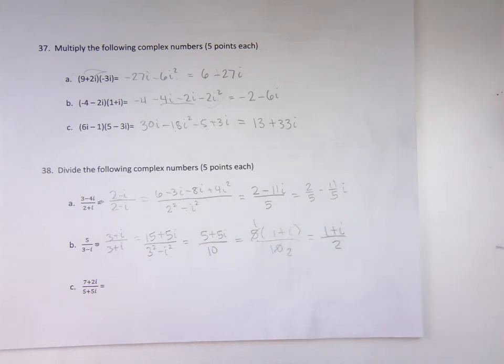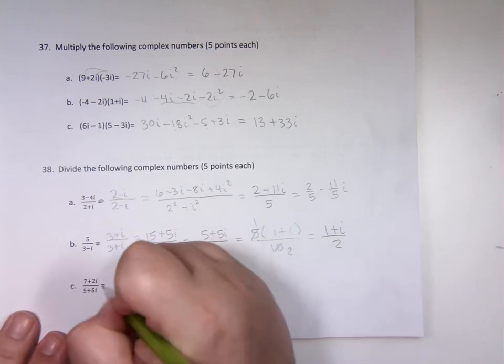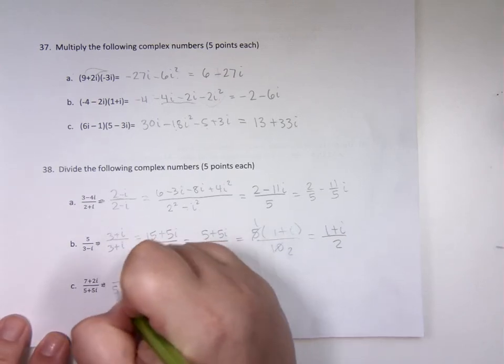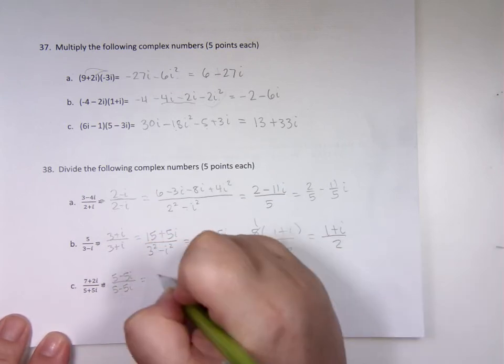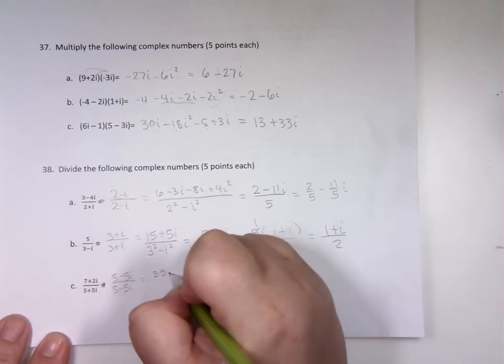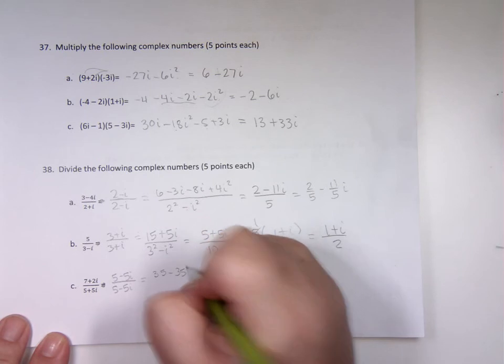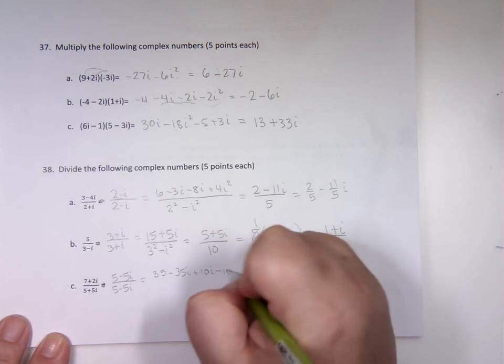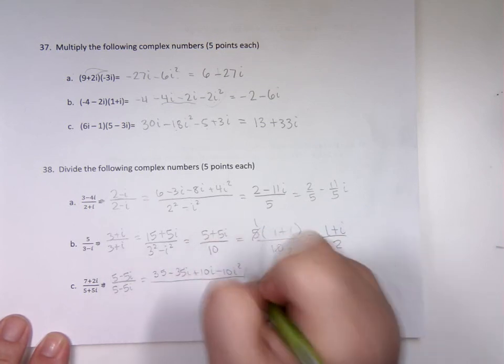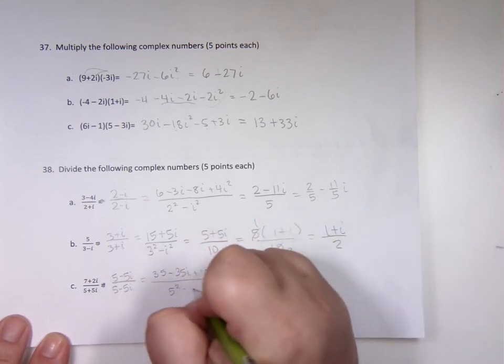And then finally, we're going to multiply by 5 minus 5i, top and bottom. And we've got 35 minus 35i plus 10i minus 10i squared all over 5 squared minus 5i squared.